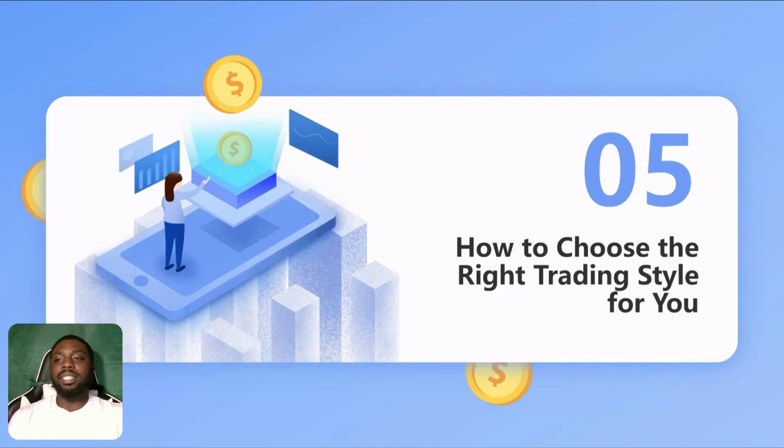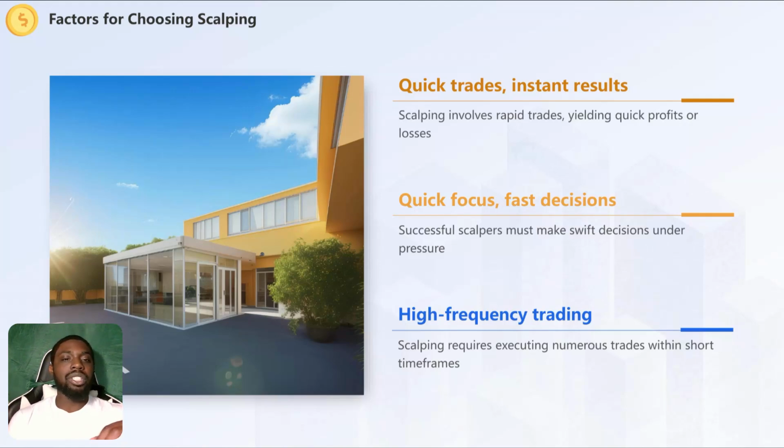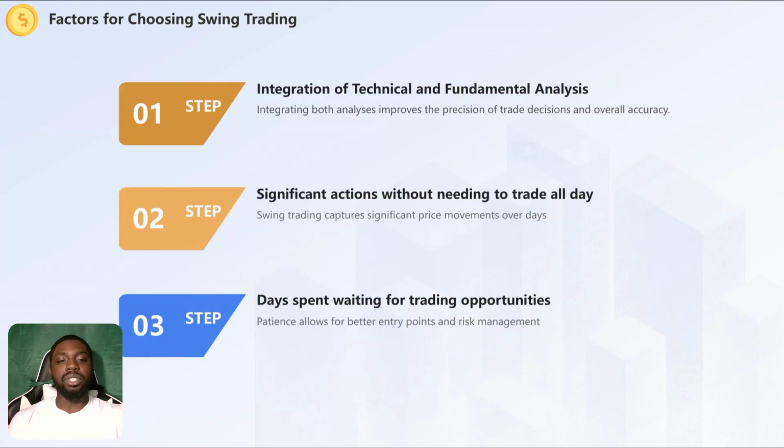How to choose the right style for you. So, quick trades, instant results. Scalping involves rapid trades yielding quick profits or losses. Quick focus, fast decisions: successful scalpers must make swift decisions under pressure. High frequency trading: scalping requires executing numerous trades within short time frames.